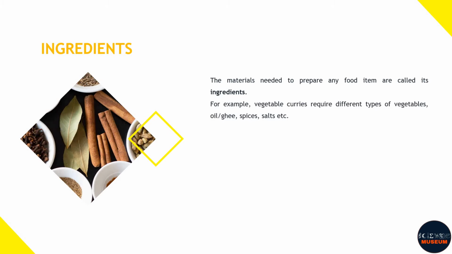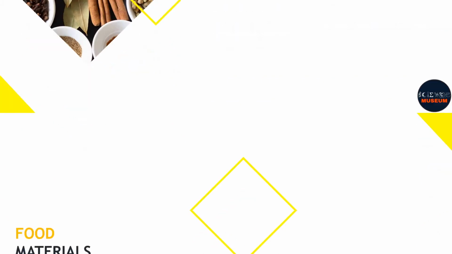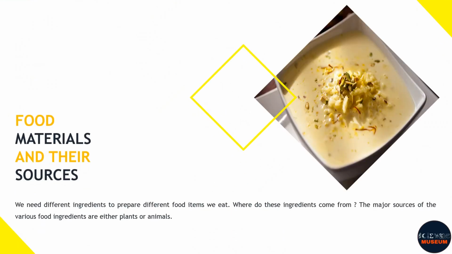And there are some food items that need more ingredients to cook them. For example, if you have to prepare vegetable curry, then you will require vegetables, oil, ghee, spices, salt, etc. I hope now you are very clear about ingredients. So let's move forward to our next topic, that is food materials and their sources.